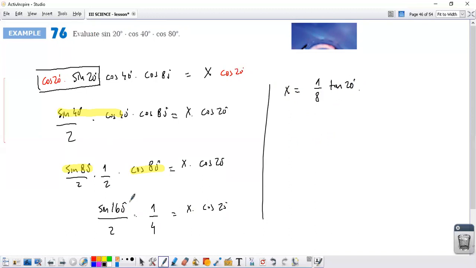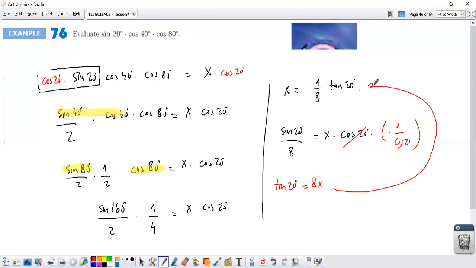Because sine 160 degrees is sine 20 degrees, so sine 20 degrees over 8 is equal to x times cosine 20 degrees. Okay. And if I multiply both sides by 1 over cosine 20, they cancel each other out, so tangent 20 is equal to 8x. So for x we will get 1 over 8 tangent 20 degrees.